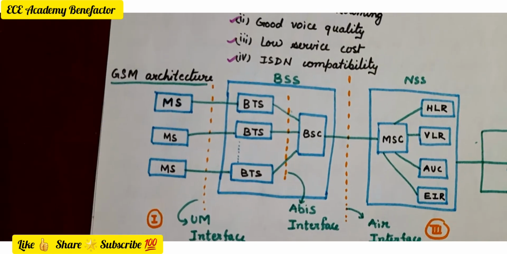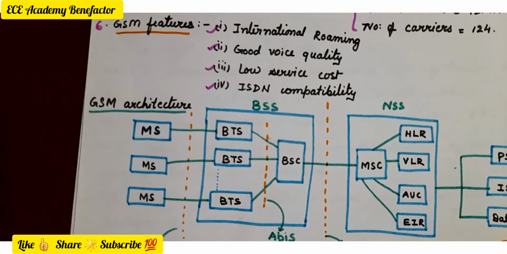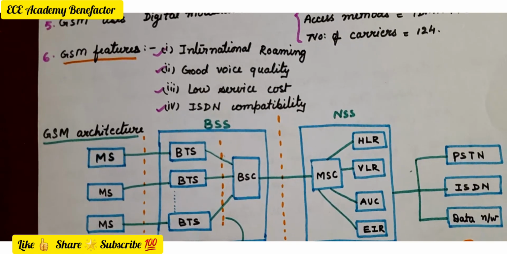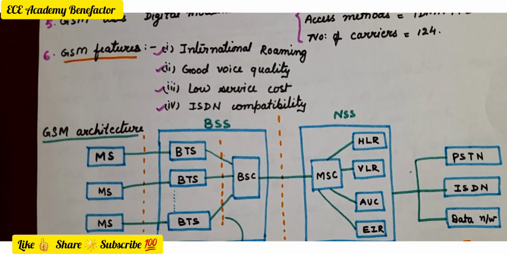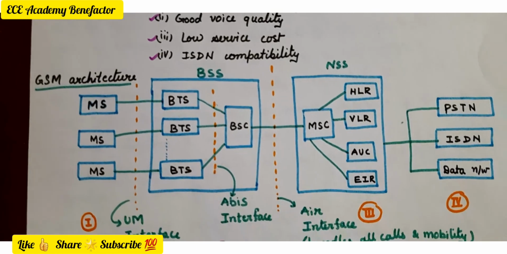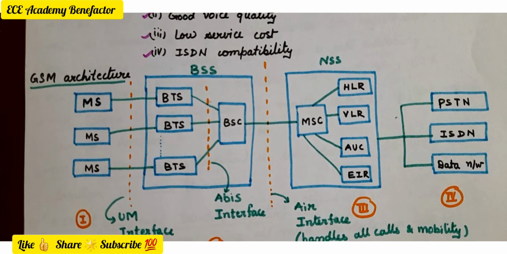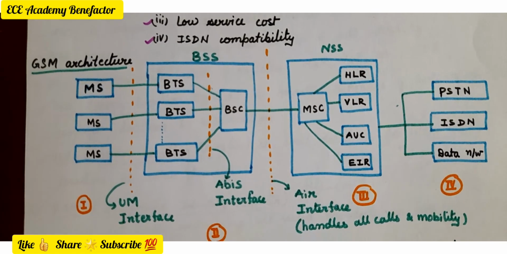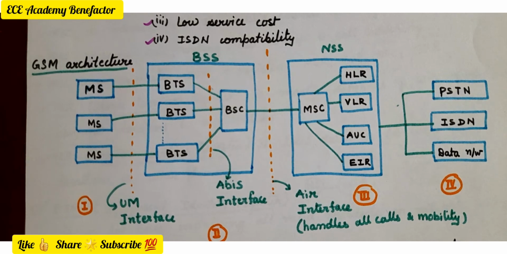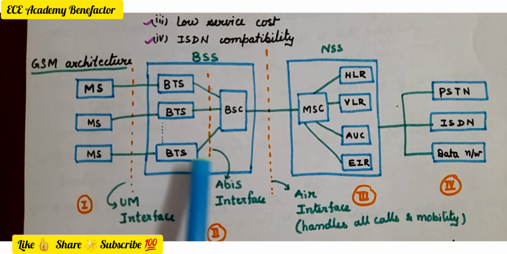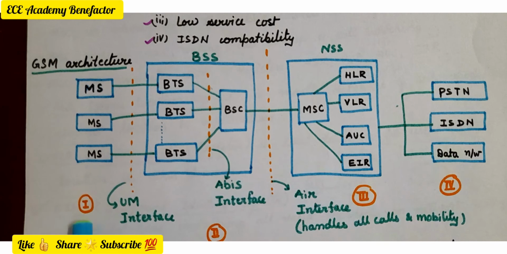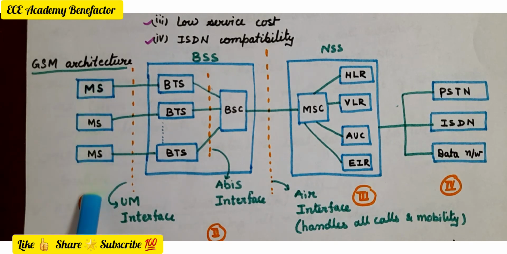So, GSM introduced the SIM card and it supports both voice and data services. Here it is very easy to remember. The architecture is divided into 4 sections. The first section has the mobile station.